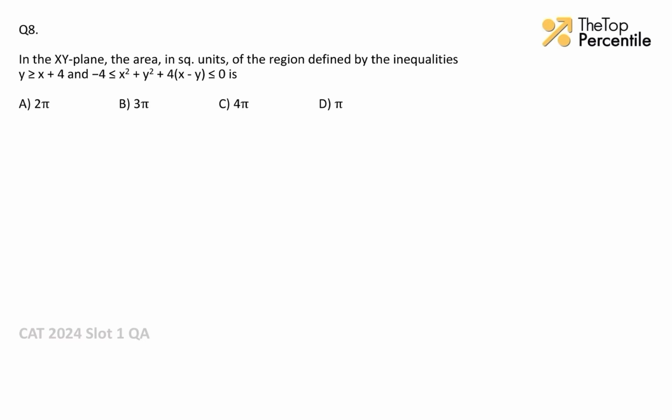Okay, so let me plot the graph for one line first. That is y is greater than or equal to x plus 4. So when x is 0, y is 4. So y will be 4 here. And when y is 0, x will be minus 4.